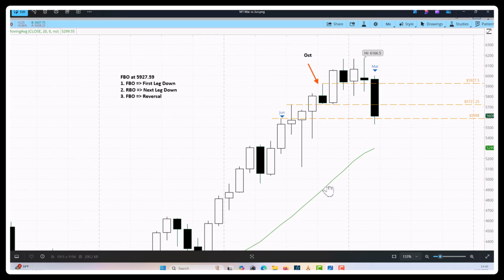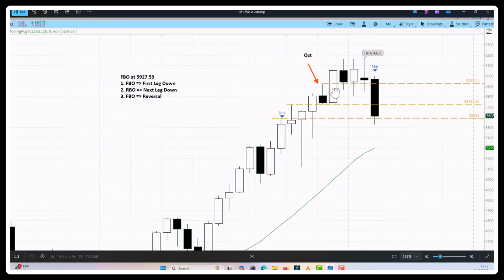Over time we've learned to pay attention to the range, either the high or the low. The non-expansion move is where you have a candle with a wick longer than the body of the candle.